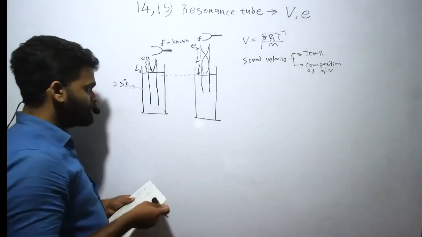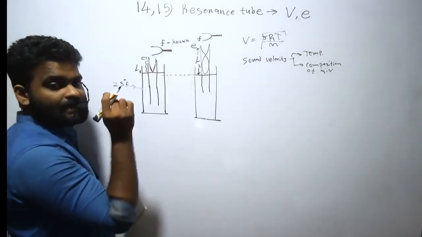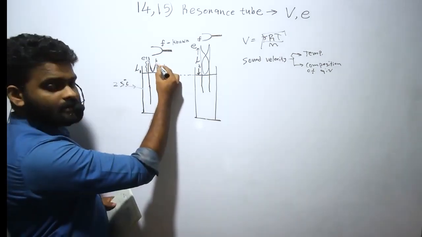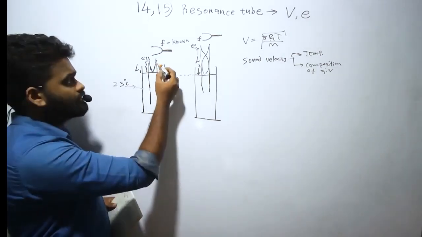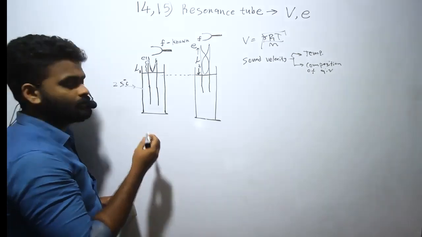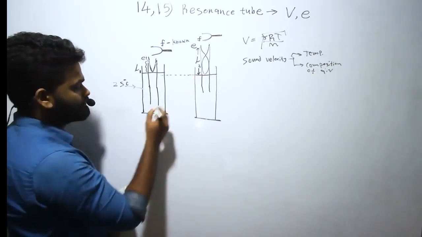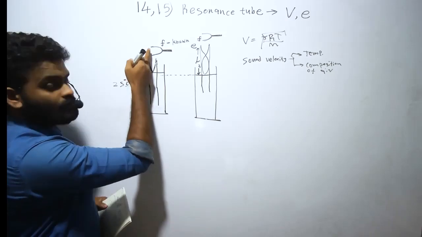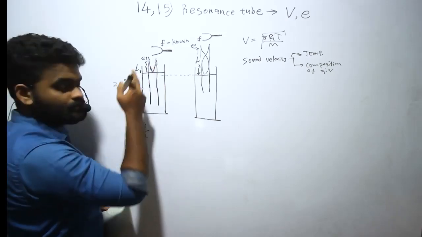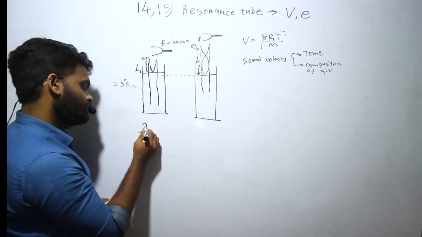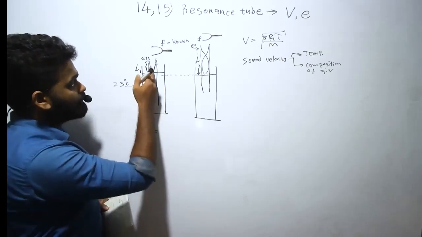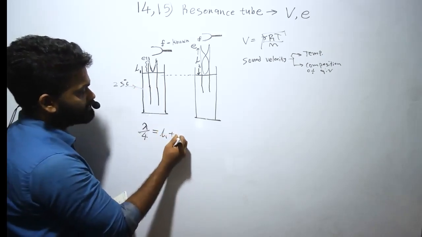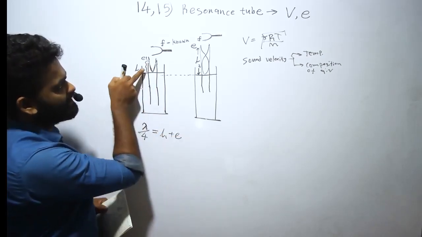Now listen. For this case, I can write this equation. This part is lambda over 4. I'm not going to explain the theories again, it is 1/4 of a standing wave. So lambda over 4 is equal to what? L1 plus E. This length is L1.